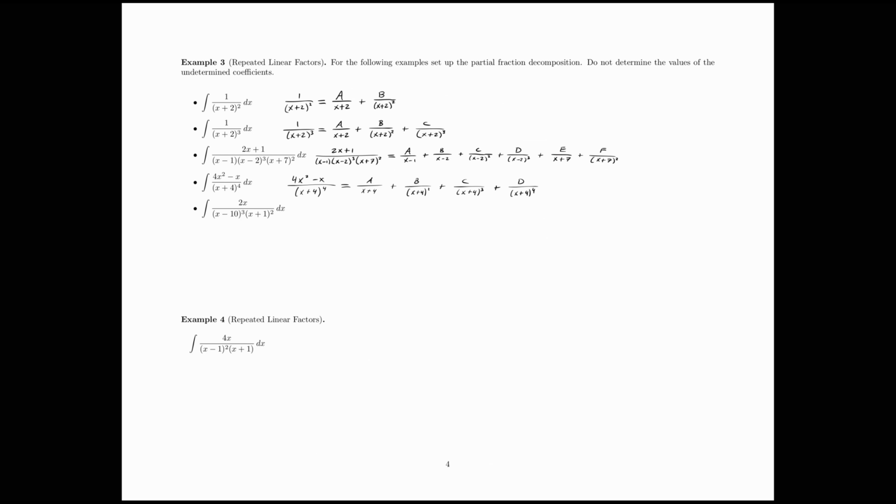And then lastly, 2x over x minus 10 cubed times x plus 1 squared. This is A over x minus 10, B over x minus 10 squared, plus C over x minus 10 cubed, plus D over x plus 1.